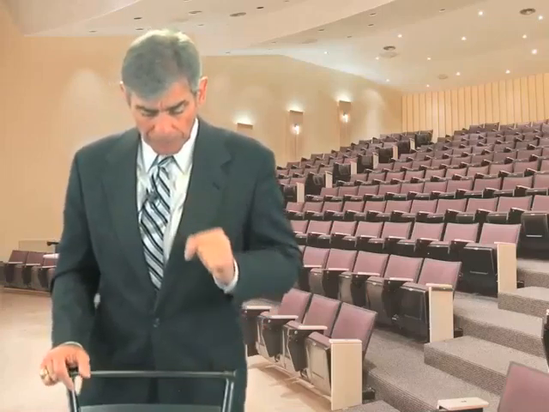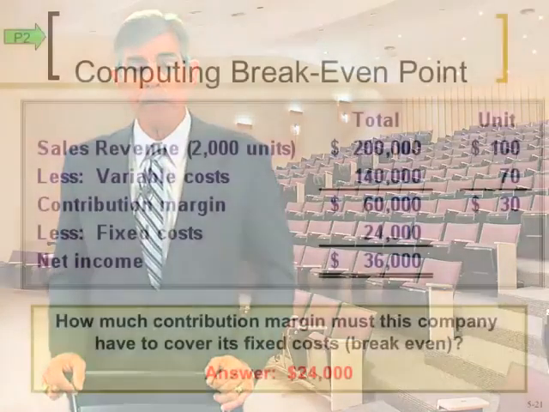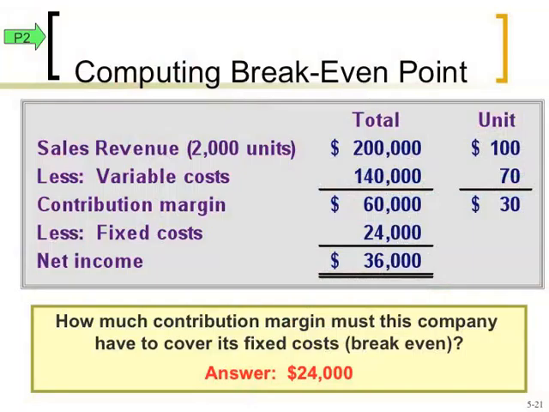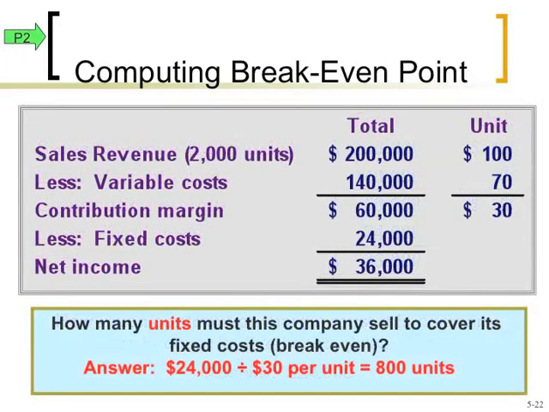So if we move to the next slide, what we'll notice is, again, this is a repeat of the prior slide. We have $30 per unit contribution margin. If we flow through to slide 22, the first question we want to know is how many units do we have to sell in order to cover our fixed costs, meaning that we break even.